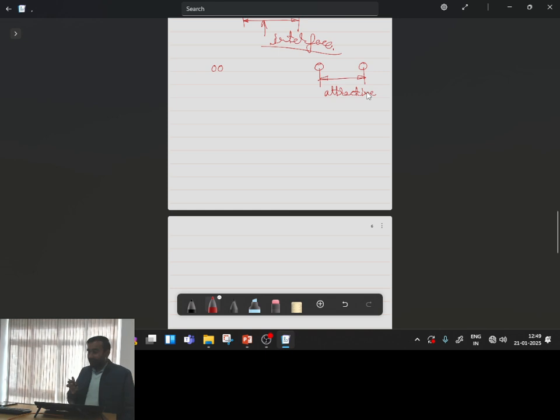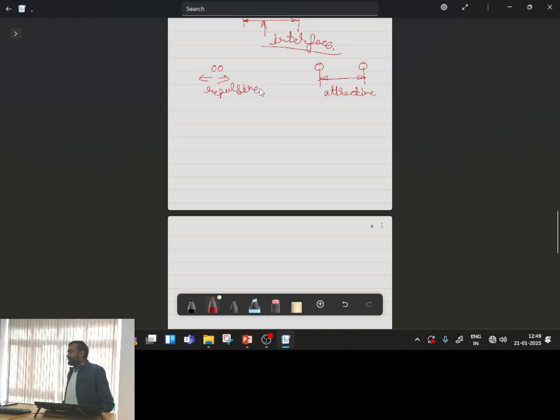And when two molecules are extremely close to each other, what will happen? These molecules will try to repel each other. So here the forces will be of a repulsive nature.